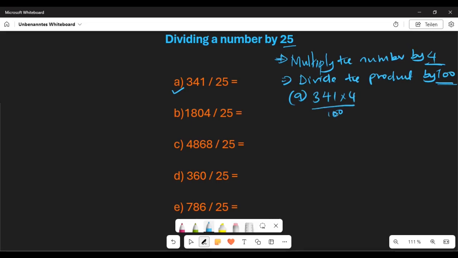In a quick way, 4 times 1 is going to give us 4. 4 times 4 is 16. We carry 1. 4 times 3 is 12, plus 1 is 13. The denominator is still the same, divide by 100. If we divide by 100, we move the decimal point two places, and our answer is 13.64.